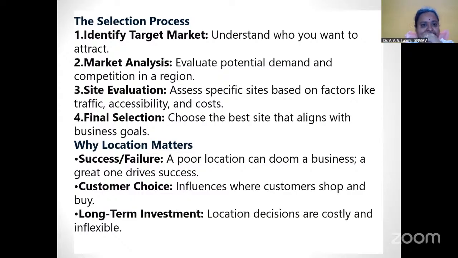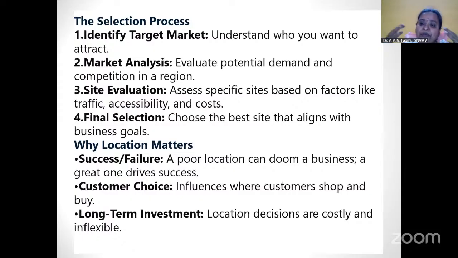The location selection process has four steps. First one is to identify the target market. Then the company is supposed to do the market analysis, that is environment analysis. The retailer is supposed to understand the potential demand and the competition in that area. Then look at the tariffs and other types of taxes that are collected by the government in that particular area.